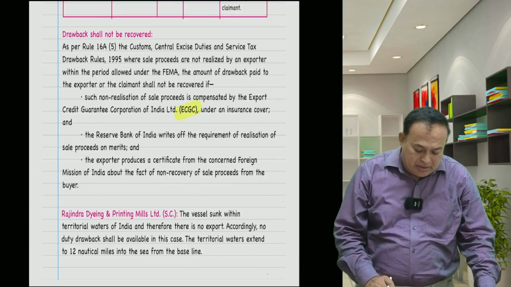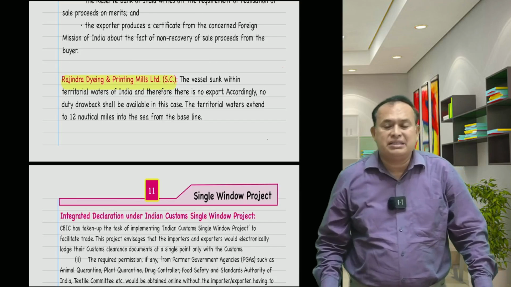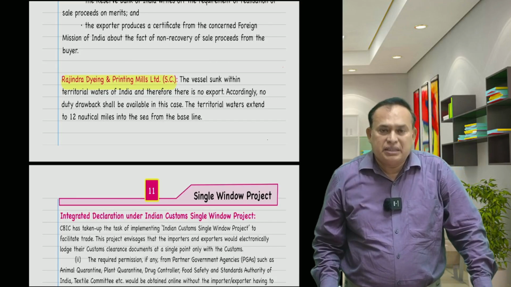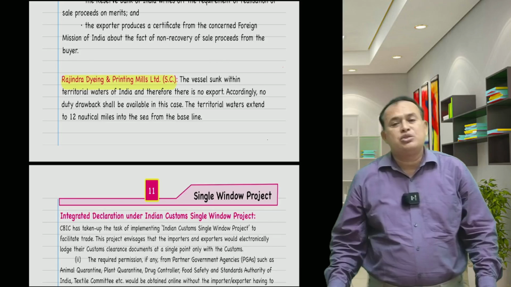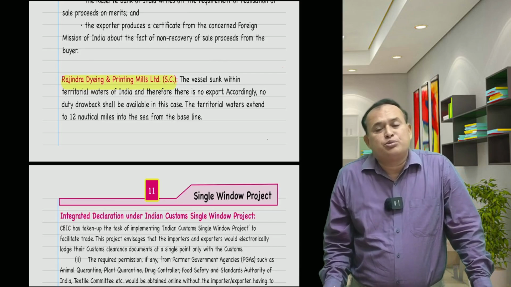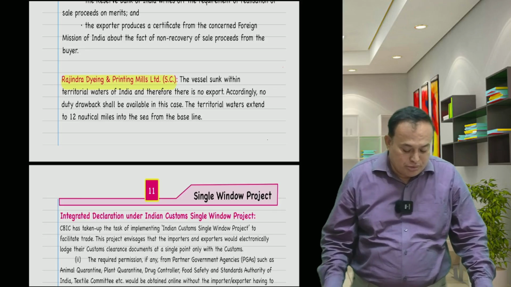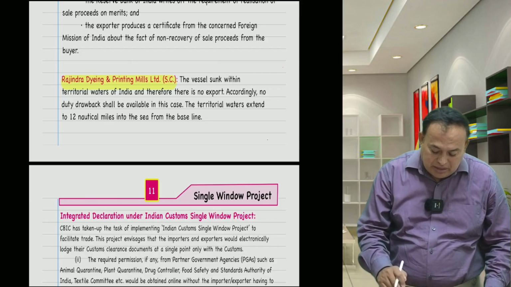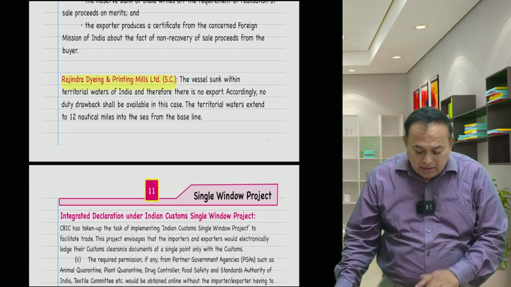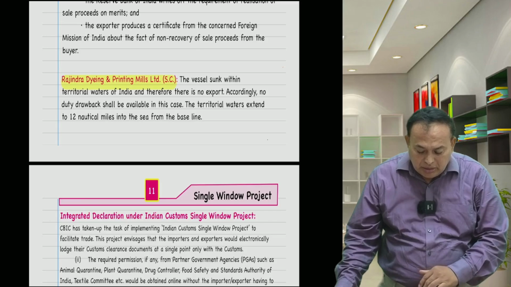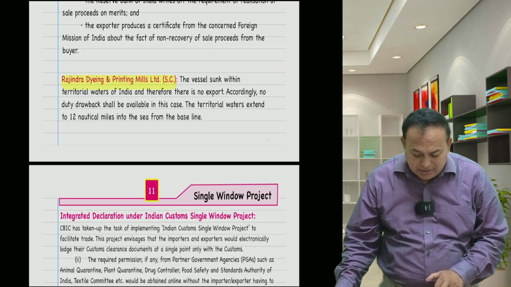A case of Rajendra Dyeing and Printing Mills. What is it? This I will refer to you here in the given case. In Rajendra Dyeing and Printing Mills, the Supreme Court of India said what is export to claim duty drawback and what is not export to claim duty drawback. I am presenting this by taking one of the pages from the book. There is a clip available. That particular clip gives more clarity to make you understand the subject.